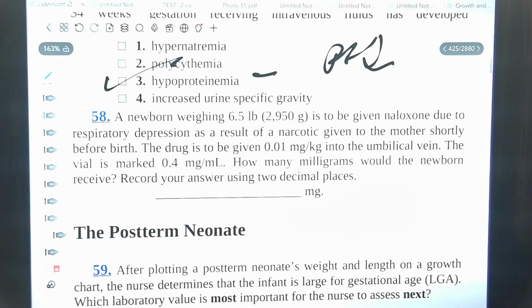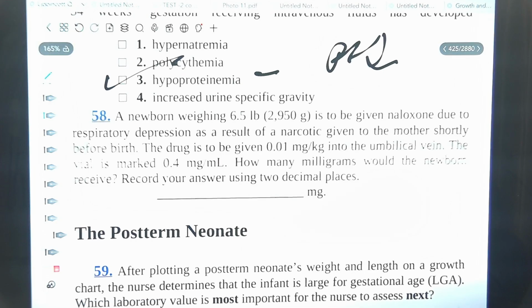A newborn weighing 6.5 lbs is to receive naloxone due to respiratory depression as a result of a narcotic given to the mother shortly before birth. The drug is to be given 0.01 mg per kg to the umbilical vein. The vial is marked 0.4 mg per ml. How many milligrams would the newborn receive?